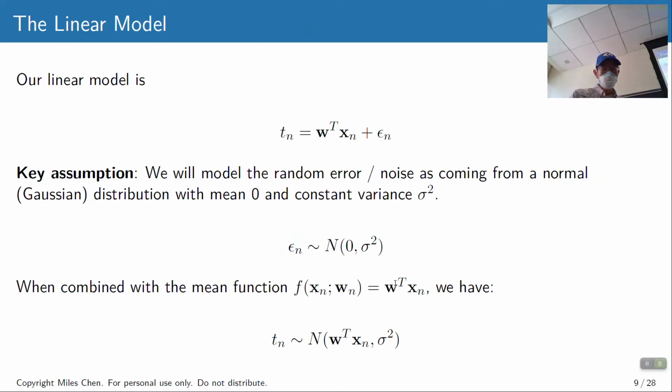So the standard approach when we do linear regression is we say our random noise error, epsilon sub n, comes from a normal distribution centered at 0 with constant variance sigma squared. This is often the assumption we're making, and that's why when you check the conditions of linear regression, one of them is supposed to be homoscedasticity.